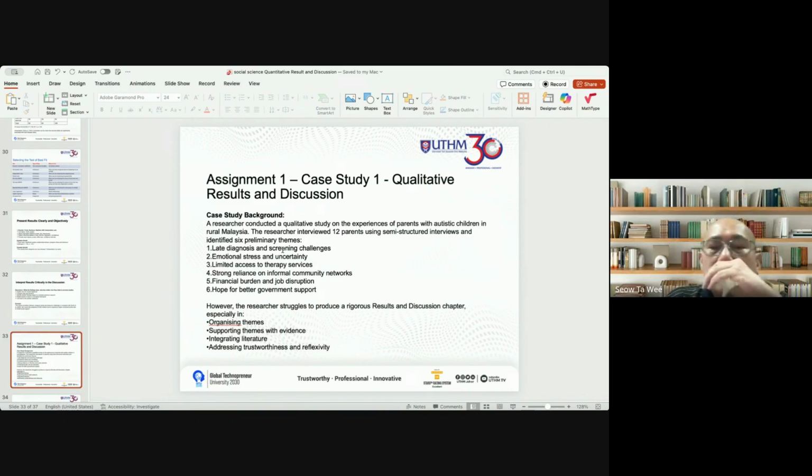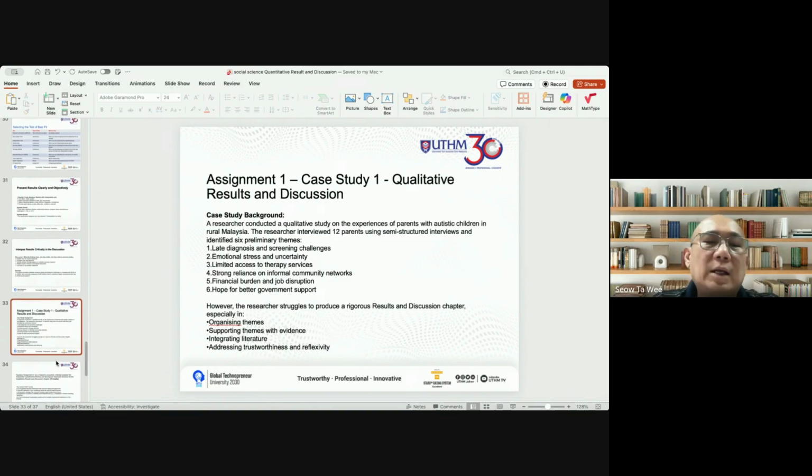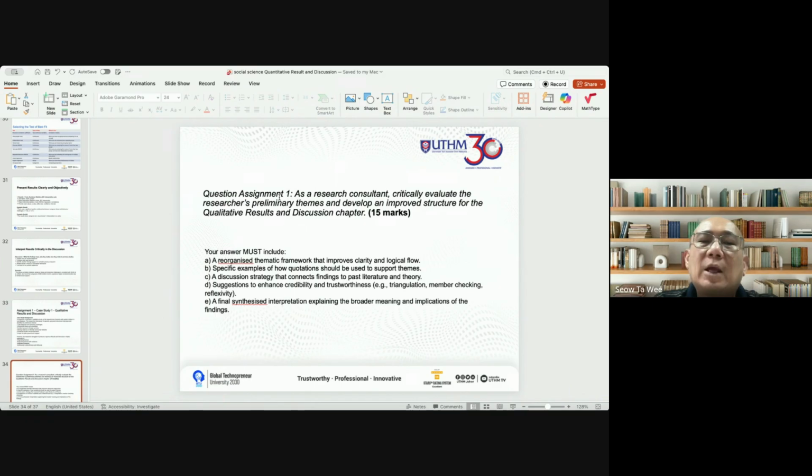So this is the scenario. The question for assignment one: as a research consultant, evaluate the criteria of the researcher's primary themes and develop an improved structure for the qualitative results and discussion chapter. This is worth 15 marks.